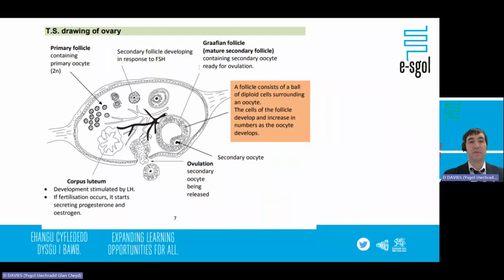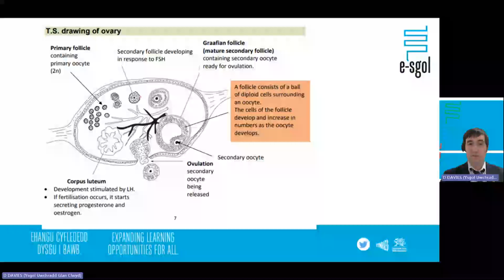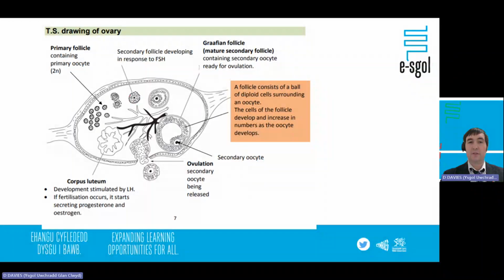A primary follicle is a primary oocyte that has a bunch of cells around it. That follicle will develop into a secondary follicle. All these cells are dividing, and there's a part in the middle that fills with fluid, all surrounding this oocyte here.